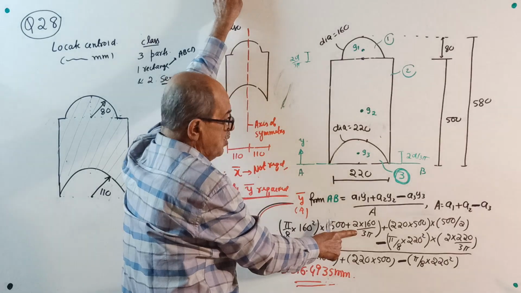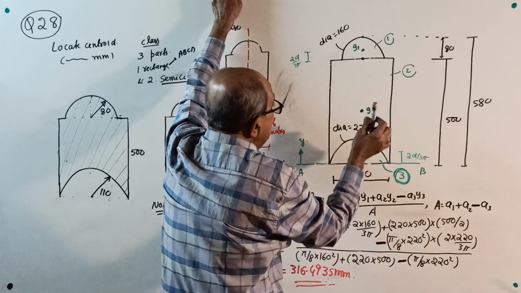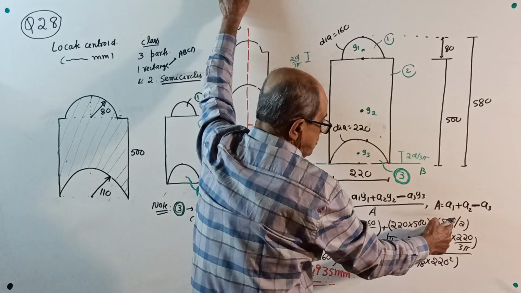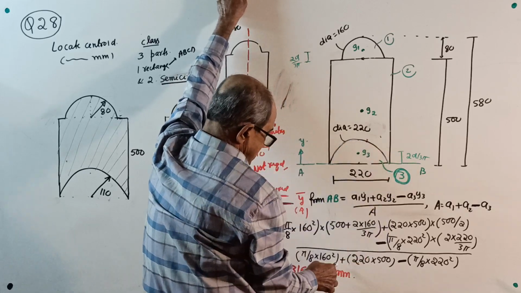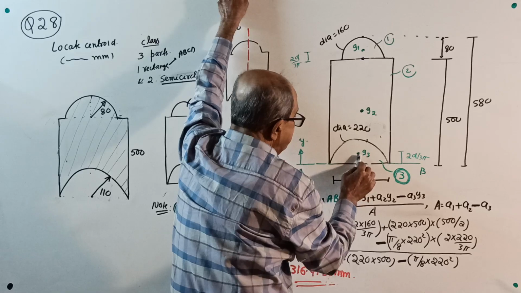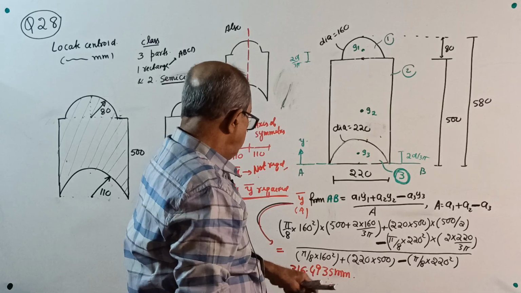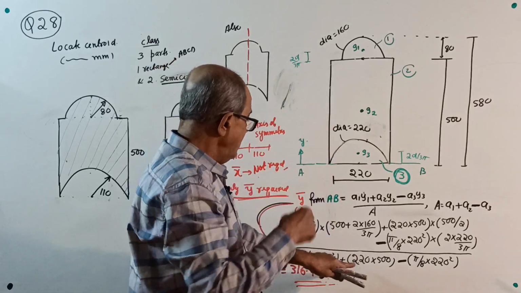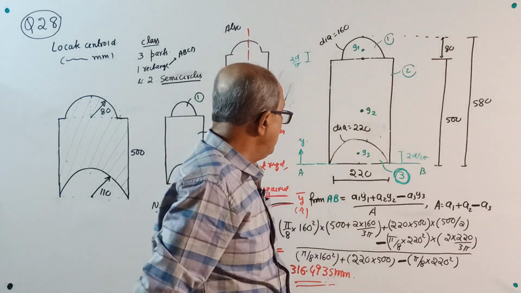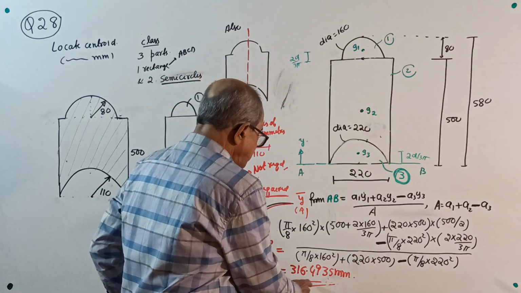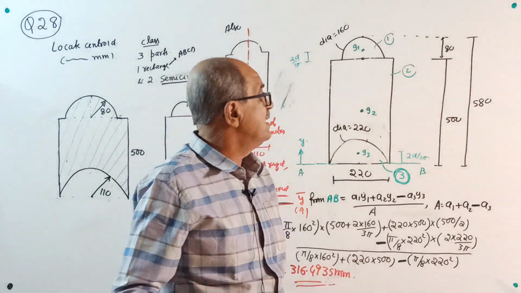Plus the second area, 220 by 500, its centroid from here is 500 by 2, minus pi by 8 of 220 squared into this distance, 2 times this diameter by 3 pi, divided by pi by 8 of 160 squared, the first area, plus 220 by 500, the middle rectangle area, minus pi by 8 of 220 squared. You will get 316.4935 millimeters. Over. The question is over.